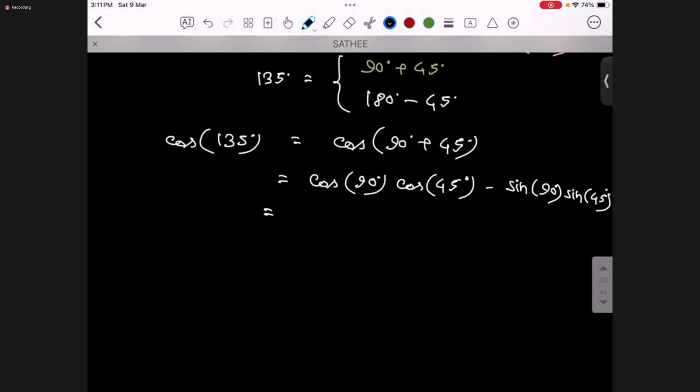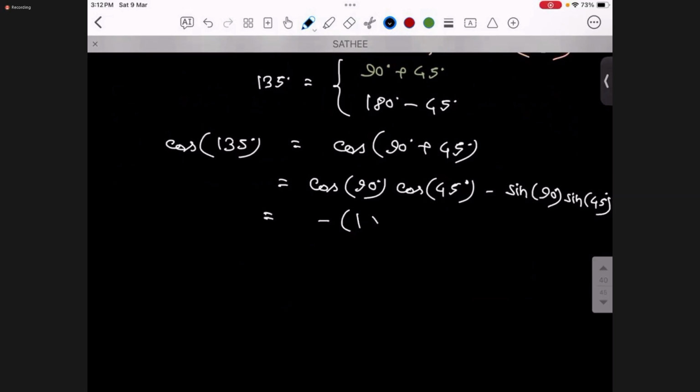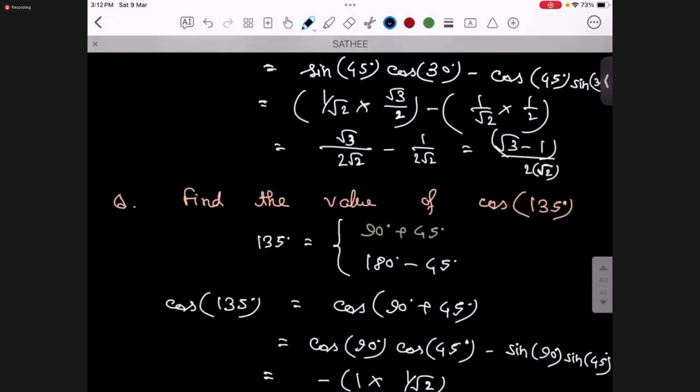So what about cos 90? Cos 90 is 0. So this will give minus 1 into sin 45 degree. And what will be sin 45 degree? That will be 1 by root 2. So this will give us like this. Thus you can find all the required values.